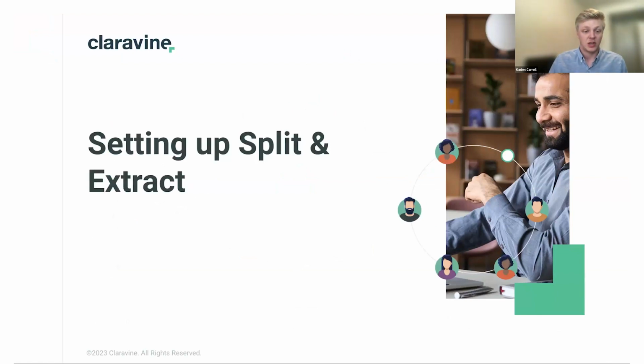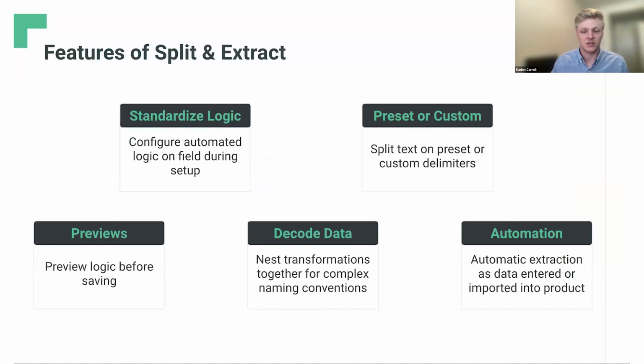So next, we're going to go through this demo on setting up split and extract. These are the major features we're going to try and cover today. We can configure automatic logic on our field during setup, where and what value we pull. We can split any text based on common or even custom delimiters. We can show you a preview of what value we will be pulling while we're setting up split and extract.